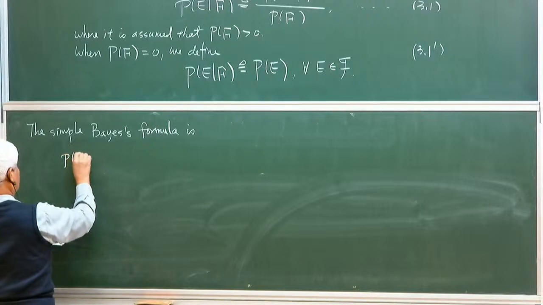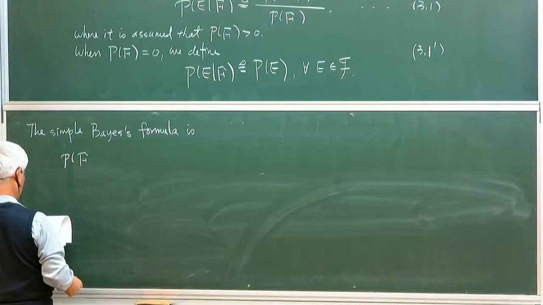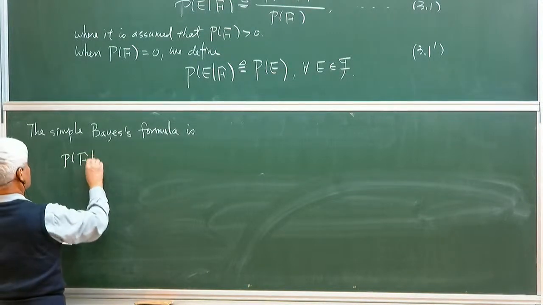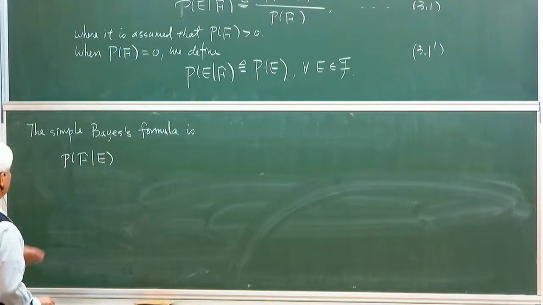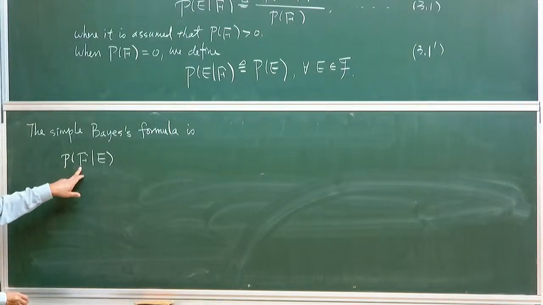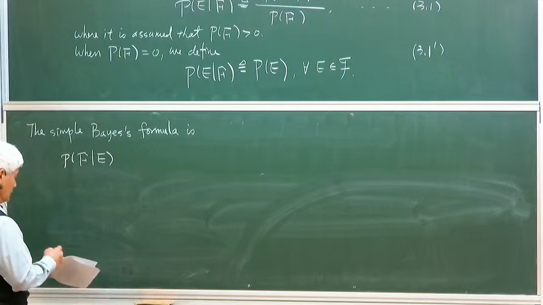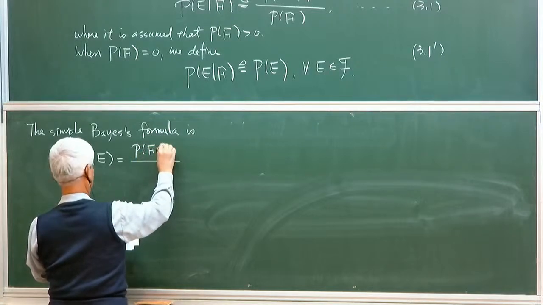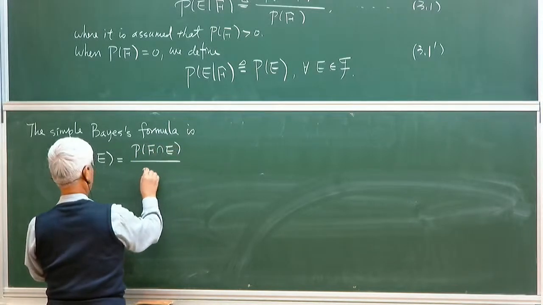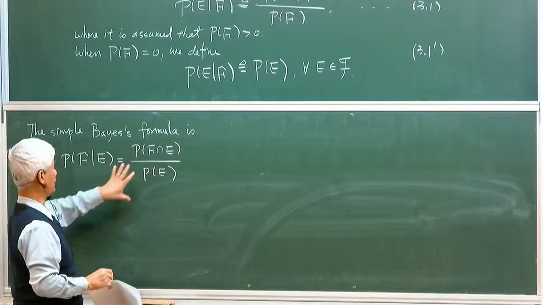If we want to compute this conditional probability of event F given event E, by definition, this is the probability of F and E, over the probability of E. So by definition, we need to compute this.